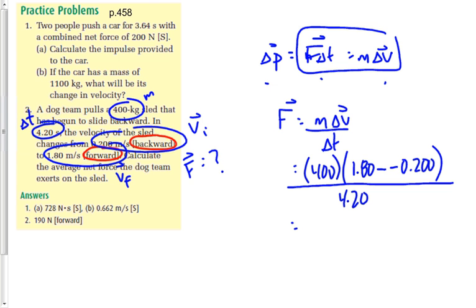But we have to all be alert for that negative 0.2. Because if it's a multiple choice question, the answer that you got by making it 1.8 minus 0.2 is going to be there as a multiple choice option. So be really, really careful and don't miss that. We end up getting 190 newtons here, and it's positive, so that means it's forward.